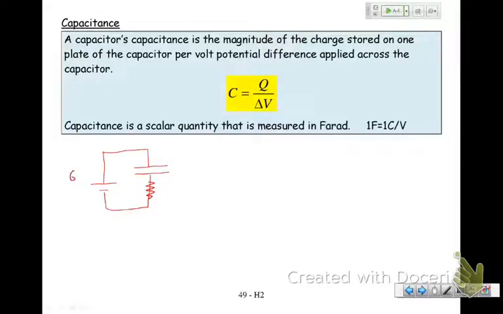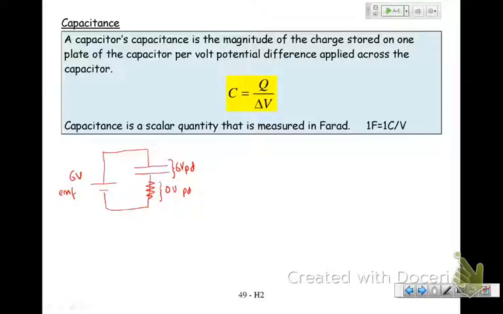If I have 6 volts here, when this thing is fully charged, I have 6 volts across here. Here I call it EMF. Here I call it potential difference. But it's 6 volts in both cases. This would be 0 volts potential difference once I'm fully charged.